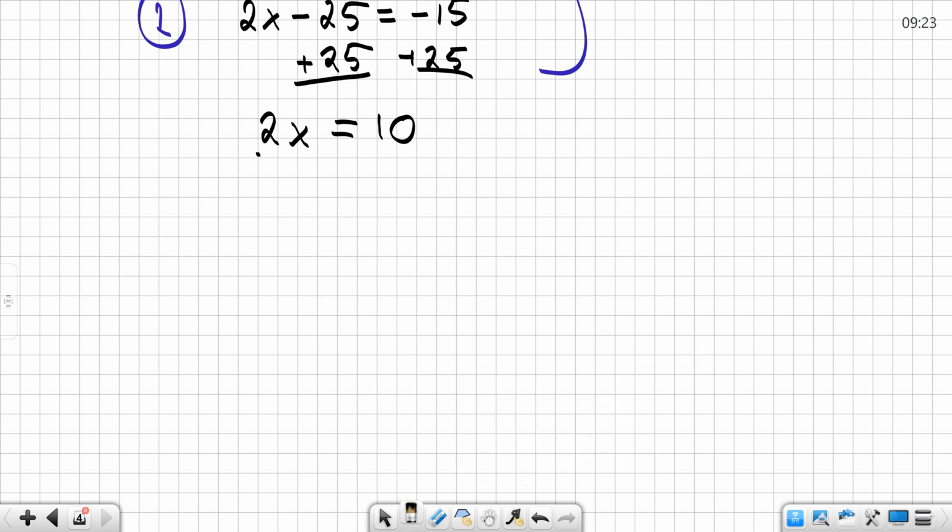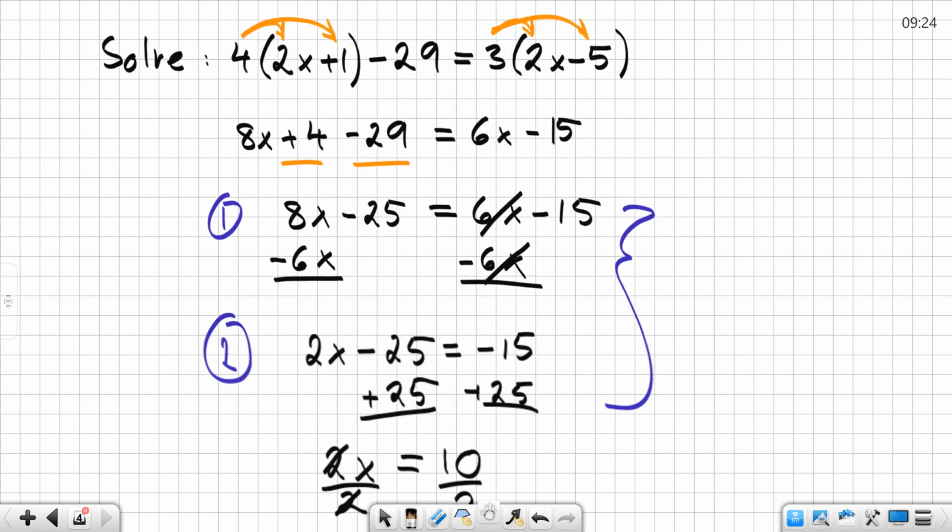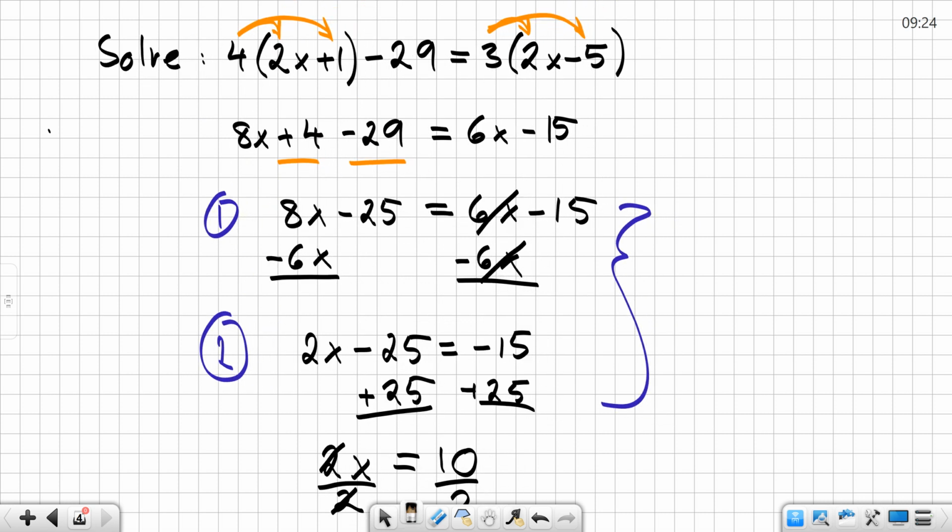So what I'm going to do, I'm going to divide both sides by 2, and x is equal to 5. That means that my solution set consists out of one number, the number 5.